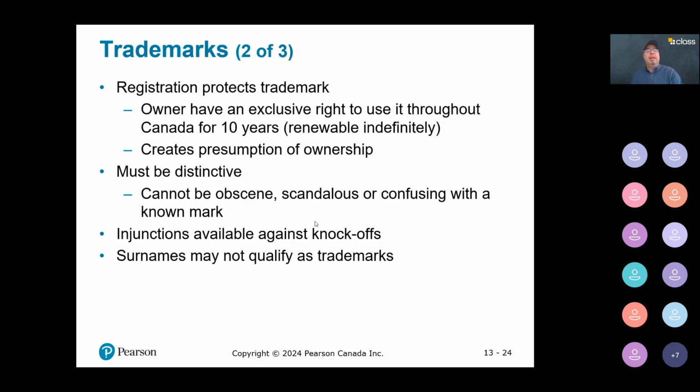Ownership is presumed. The trademark has to be distinctive, it cannot conflict with the current one, it cannot be obscene, and it cannot be confusing with another trademark. And surnames don't qualify for trademark registration.